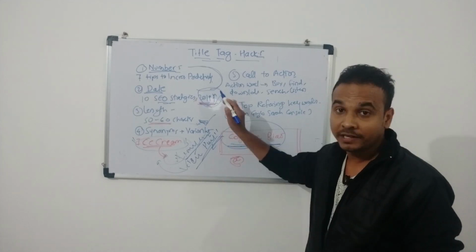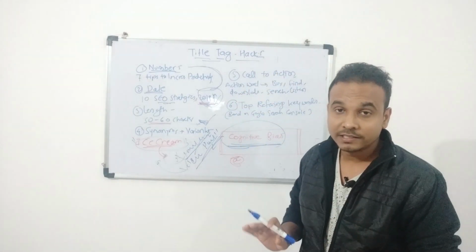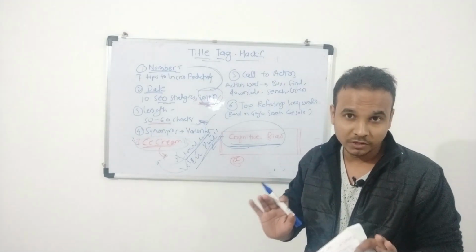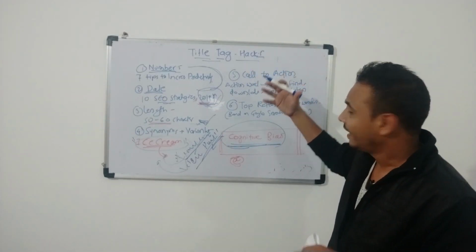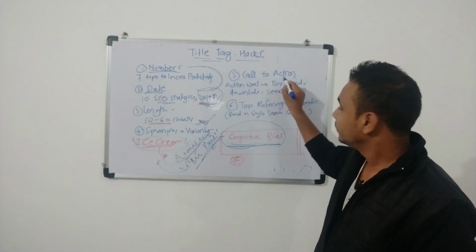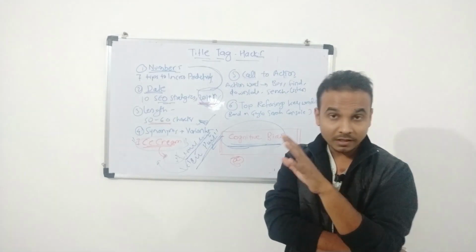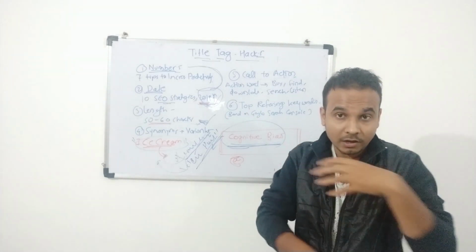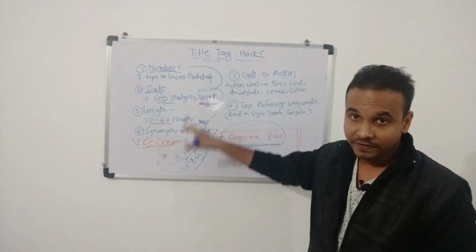Now, the fifth point, and that is very important, is using a call to action. This is the most important factor when writing any title tag or even a meta description. When someone is reading your title tag, obviously you are optimizing using all these factors.